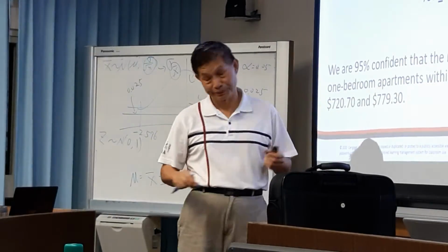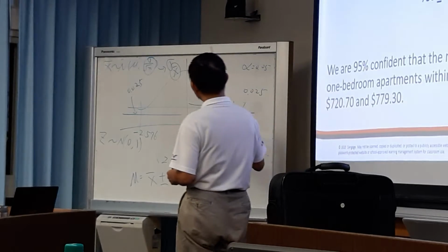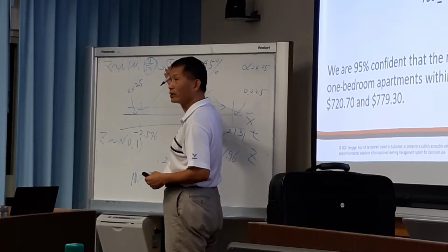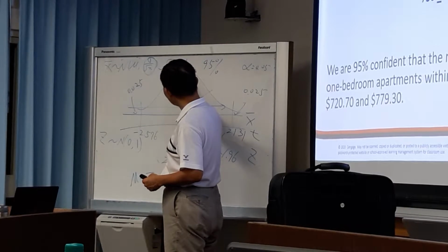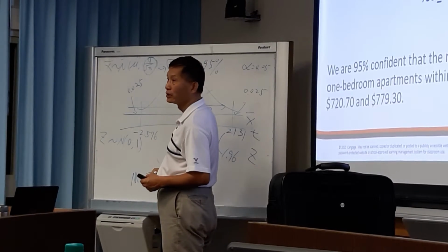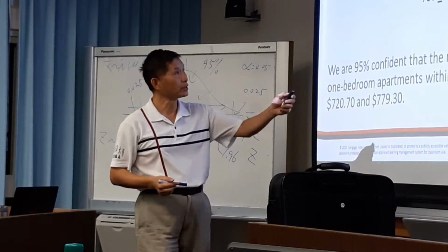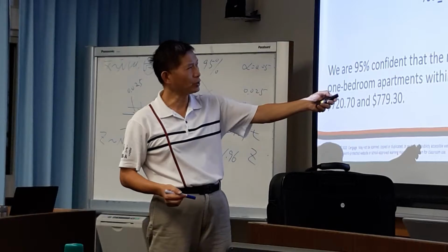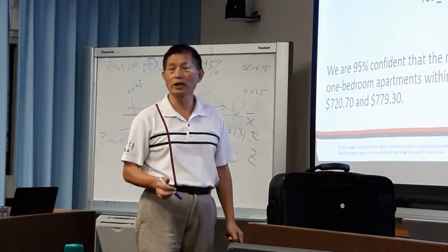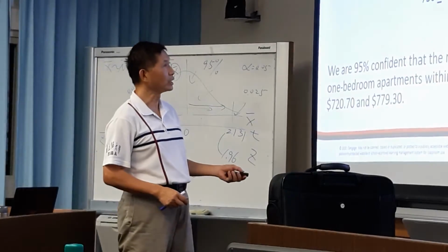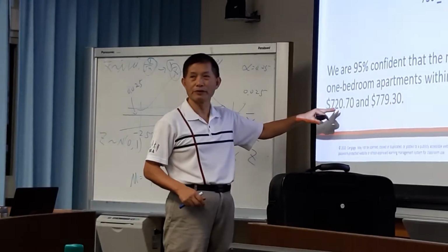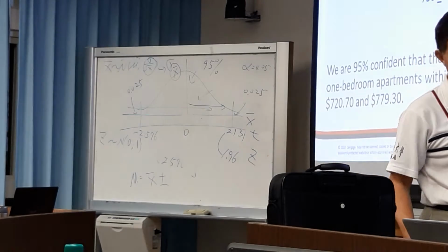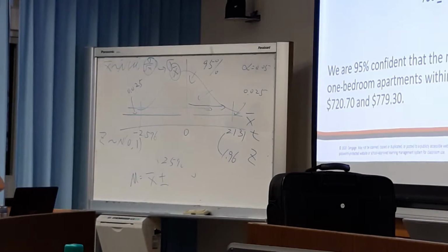Just like the computer output gives you the standard error of the mean. And you get the margin of error of $29.30. So the confidence interval is from 720 to 779.